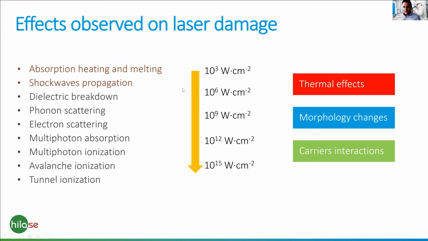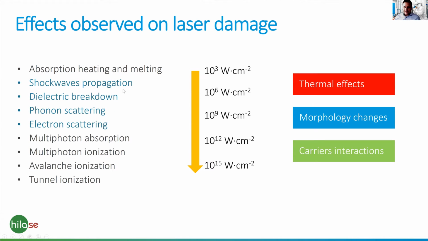Connected could be shock wave propagation, because when you are heating a lot, you are inducing stress into the material, which is then demonstrated as a shock wave spreading through the bulk, which is related with the morphology changes, which is the effect you can observe when you are increasing the intensity further.